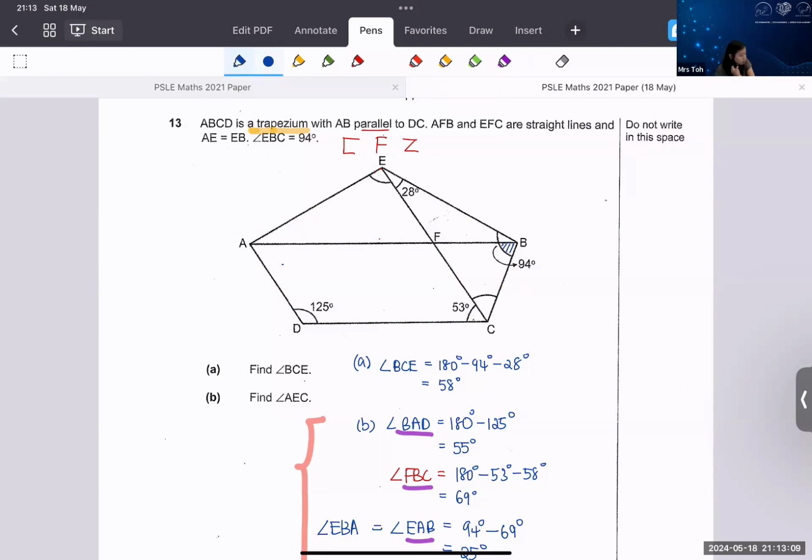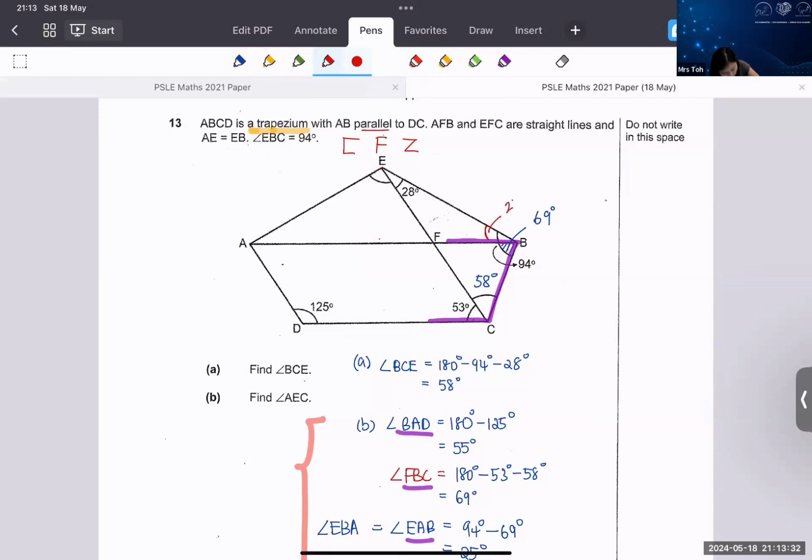Just now I already told you that this is an angle C. And this is 58. So once I find out this is 69 degrees, I can go on to find the next angle, which is EBA, which is here.